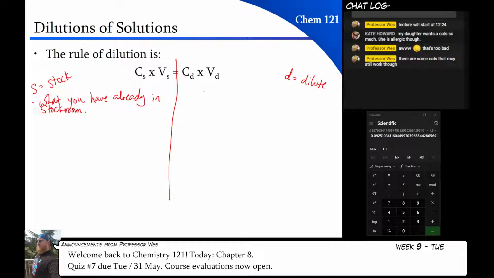D is the dilute side. And you want to prepare the dilute stuff. It doesn't exist yet.